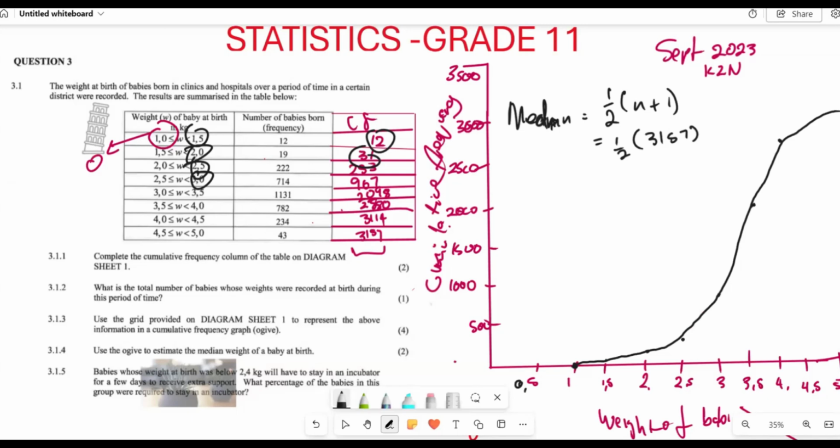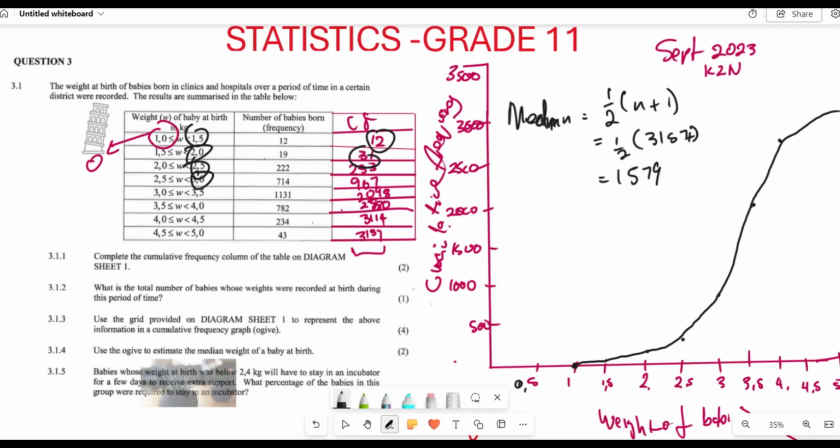So 3157 plus 1, that is 3158, then divided by 2. And this is 1,579, right?